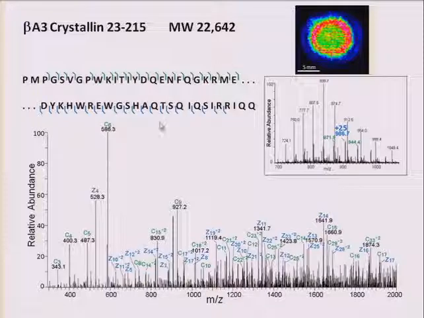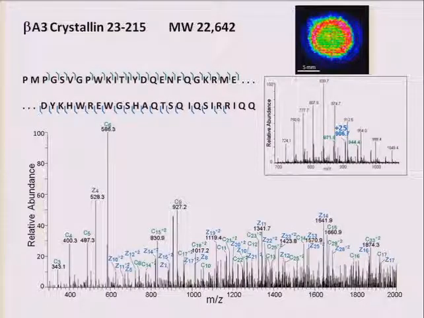And then the ETD mass spectrum gives you C and Z ions, and all of this was acquired from that 1.5 microliter extract. This spectrum can then be manually interpreted, or using ProSight PTM, or Mascot in some cases, to help interpret these spectra.